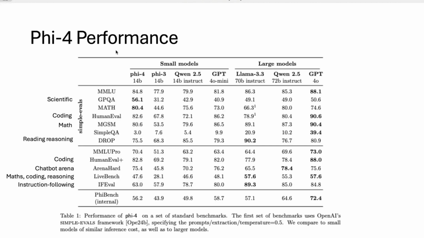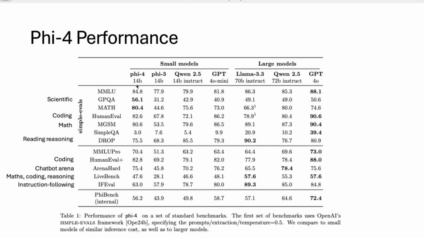If you look at the Phi model published in December last year, they compare the performance across a variety of benchmarks, including scientific Q&A, coding, math, reading comprehension, reasoning, etc. These are the simpler benchmarks, and these are the more challenging, harder ones.